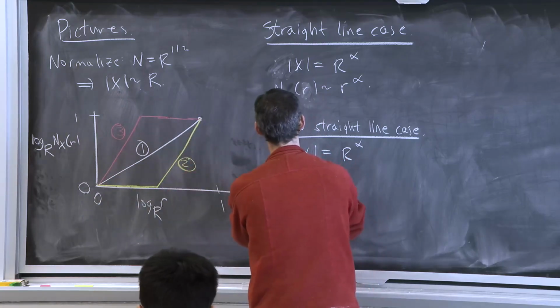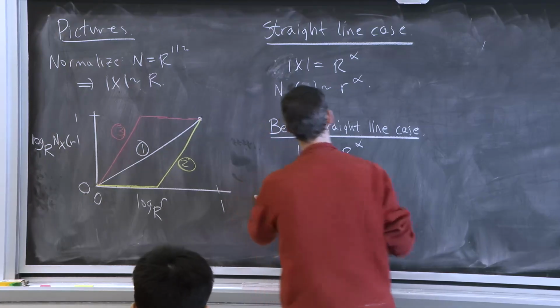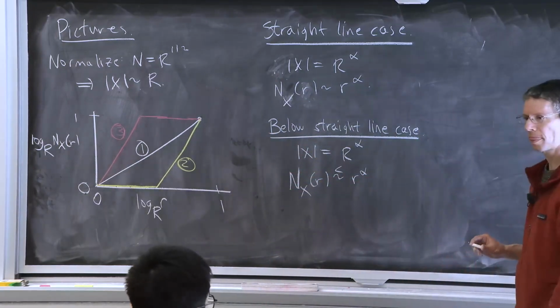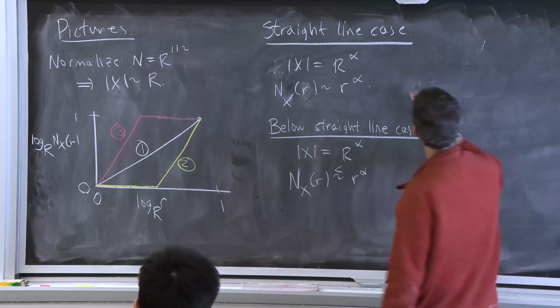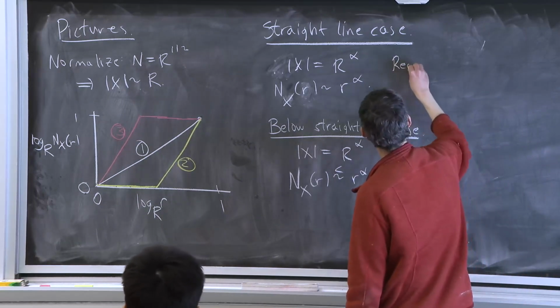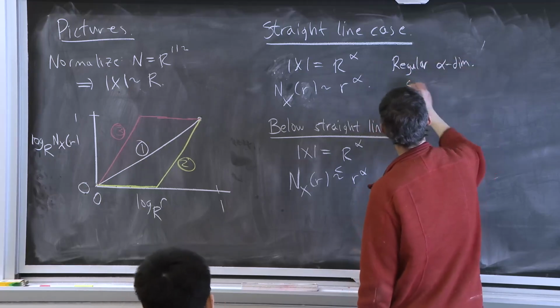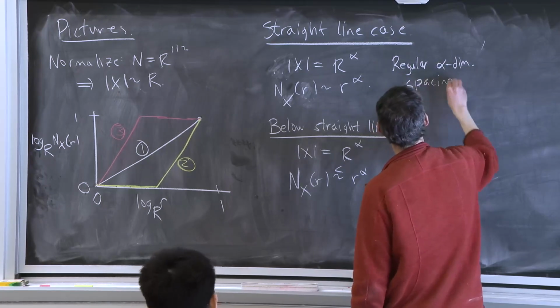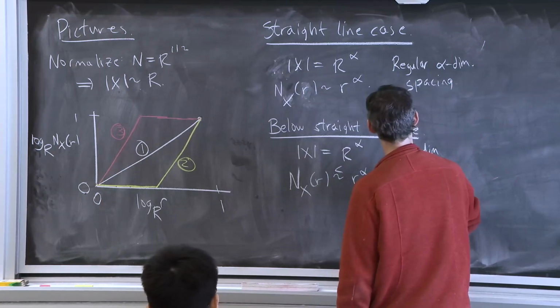So n sub x of r would be at most r to the alpha. OK. So this thing here is called a regular alpha dimensional spacing. And this thing is called alpha dimensional spacing.